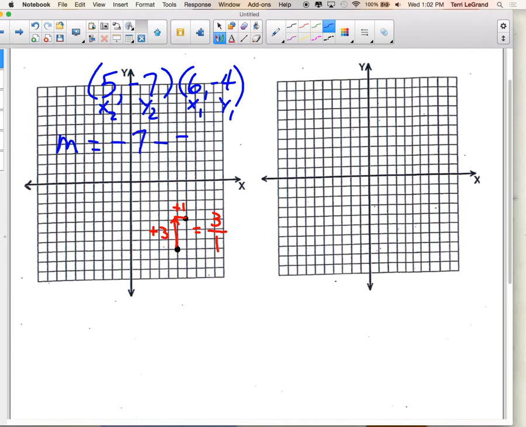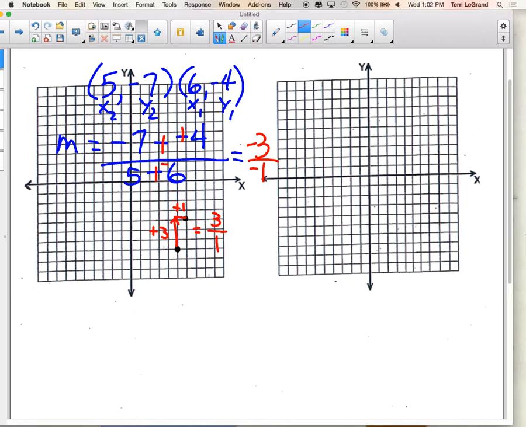-7, take away the -4, over 5, take away 6. Okay, let's change this to add the opposite. Plus a +4, plus a -6. What's -7 plus 4? -3. What's 5 plus -6? -1. Do we have a different slope?